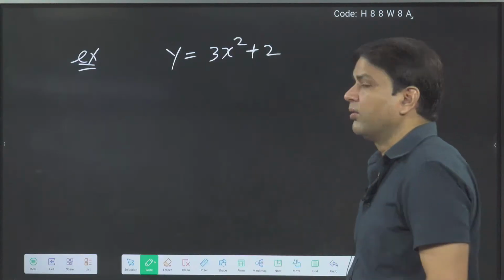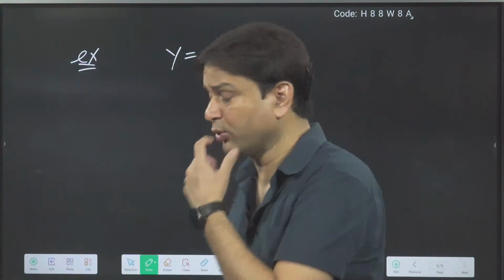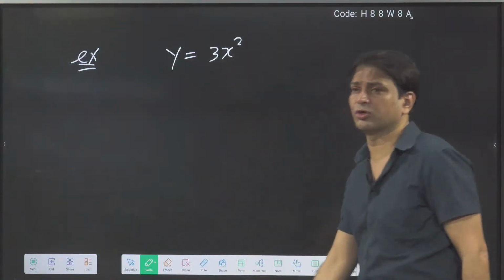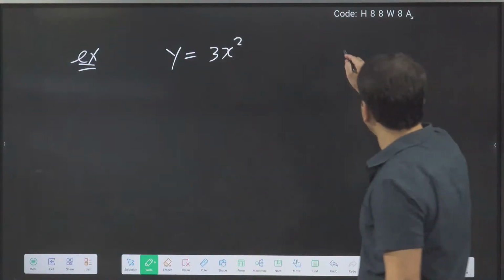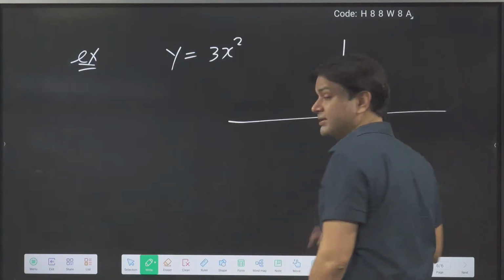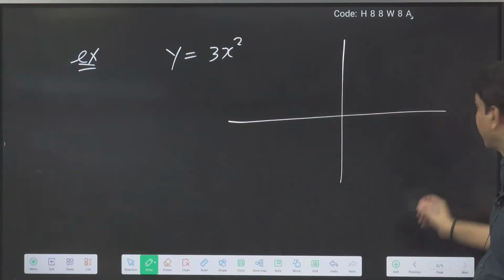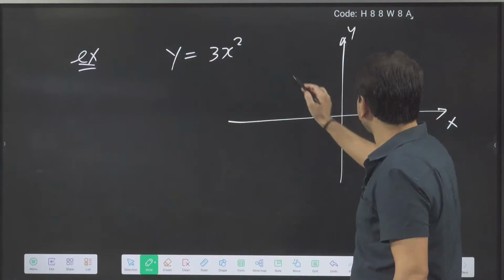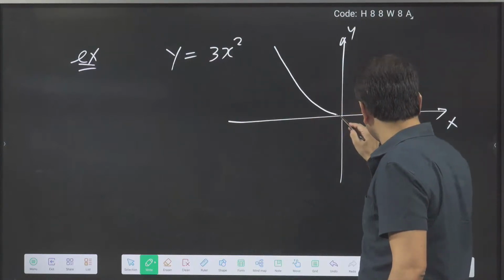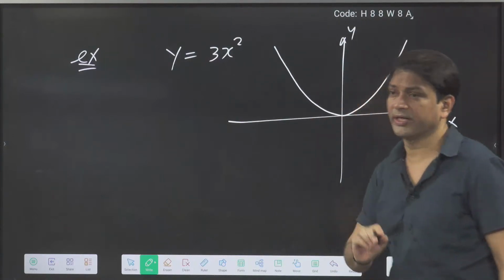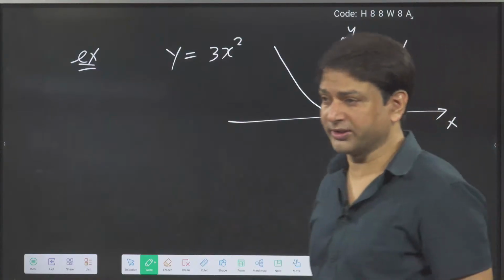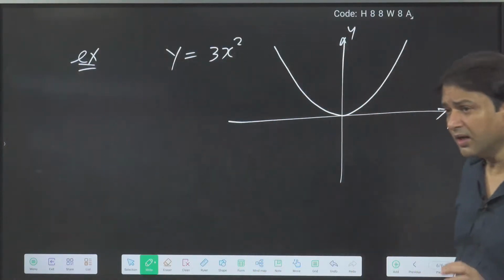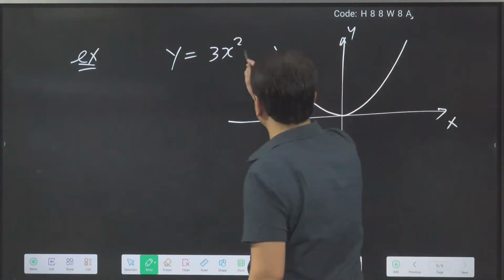Then how will we make it? Suppose I have not given the plus 2. I have given only y is equal to 3x square. Then how will you make it? X square means symmetric about y. Symmetric about y means I will make it like this. When plus 2 is not there, then we will make it like this. But I have given plus 2.